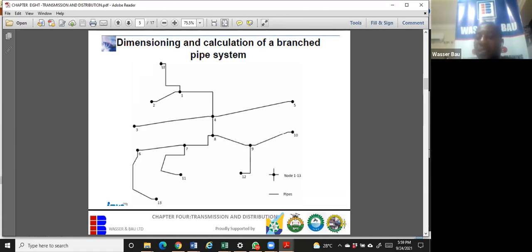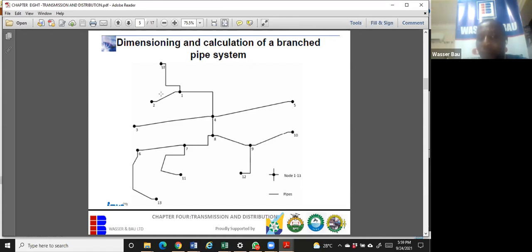The branch system is easy to compute, but in cases of maintenance, it means some people will be without water. The other disadvantage is that from some of these ends, you'll be experiencing sediment deposition unless you have a flush out valve in all these ends.